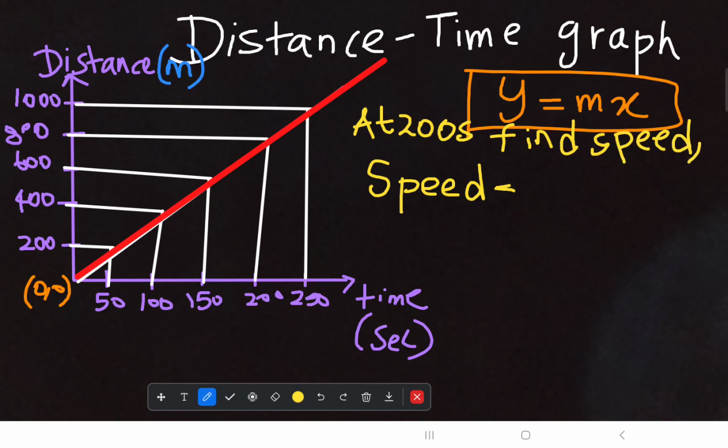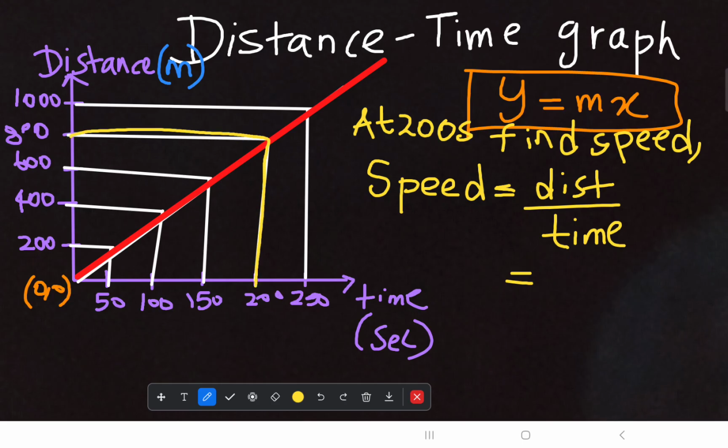Speed is equal to distance upon time. The gradient will give you speed. So what is the distance the object traveled at 200 seconds? That is 800 meters, which should be divided by the time it took to travel 800 meters.